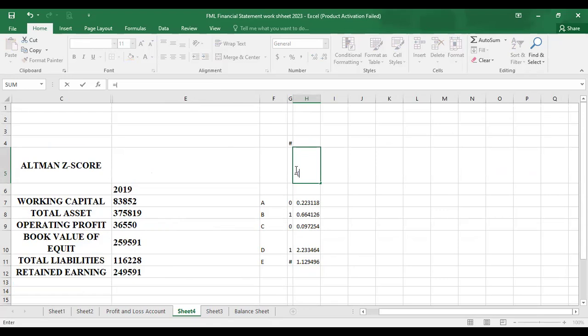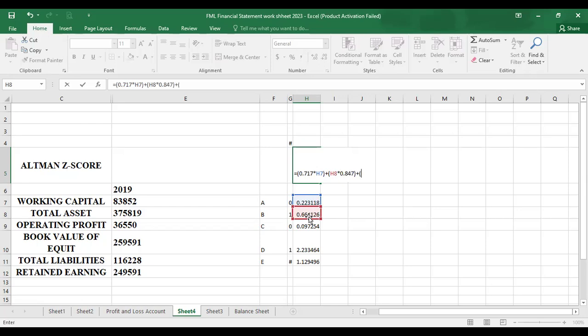So the weight assigned to A is 0.717. Then you multiply it by the ratio you have computed for it. Then you add it to the second ratio multiplied by its weight, which is 0.847.